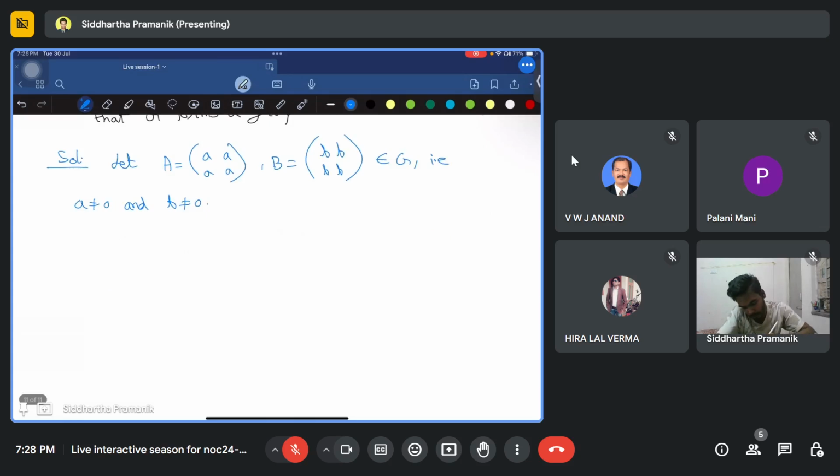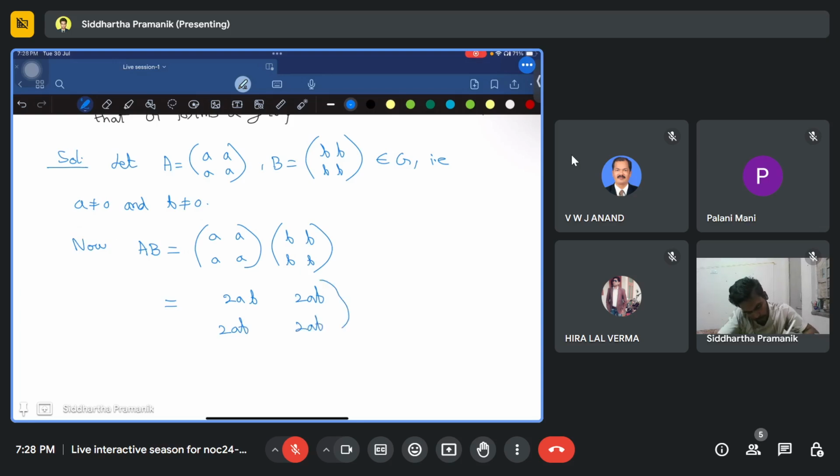Okay, now let's look at the product. If you do the product, this should come out as 2ab. So all four elements are 2ab. And this element clearly lies in G, right?